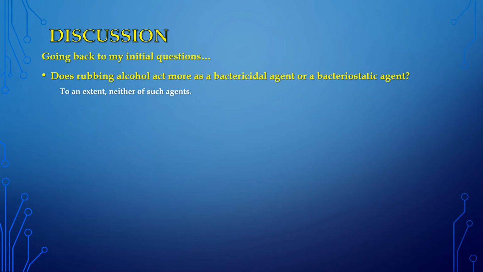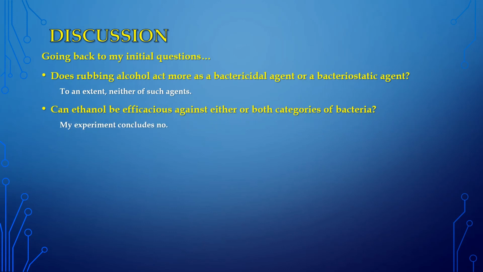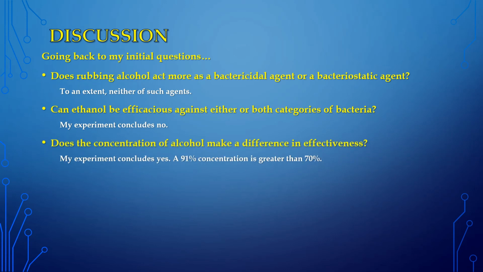The two worst results were the two using 70% ethanol. Can ethanol be efficacious against either or both categories of bacteria? My experiment concludes no. Does the concentration of alcohol make a difference in effectiveness? My experiment concludes yes. A 91% concentration had a greater effect than 70%.